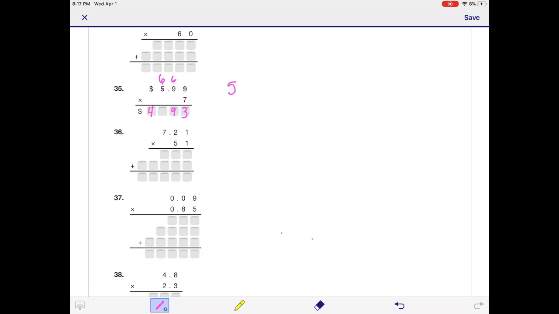Plus 6 more is going to be 41. Now, we do not have $4,193. Look up here. We have 2 decimal places. So we take this decimal point that was here for a whole number. We move it once. We move it twice. And we end up with $41.93 as our answer.